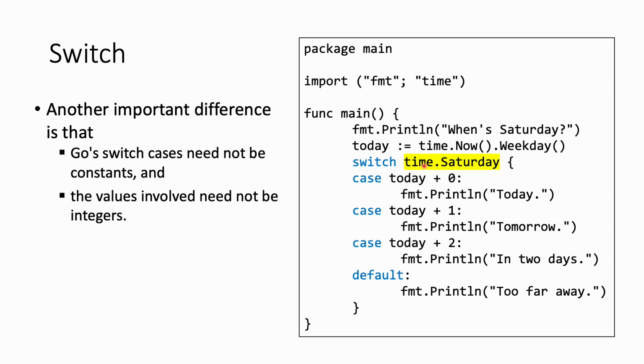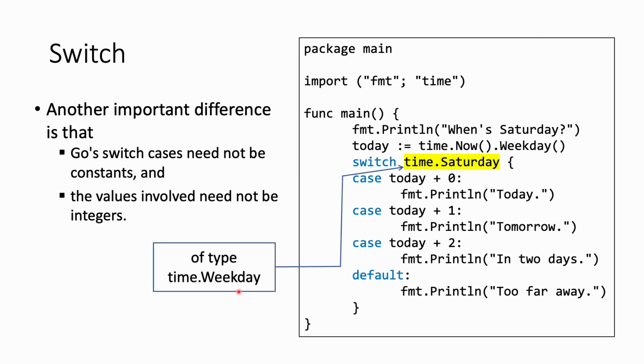The condition expression of this switch statement is the constant Saturday of type time.Weekday defined in the time package. So time.Saturday is of type time.Weekday. Before the switch statement, we declare variable today and assign it to the current weekday.